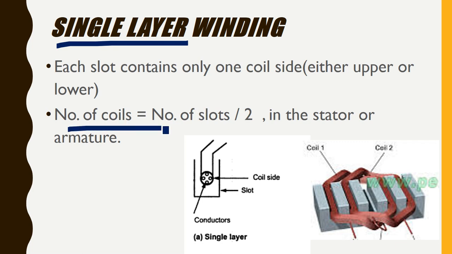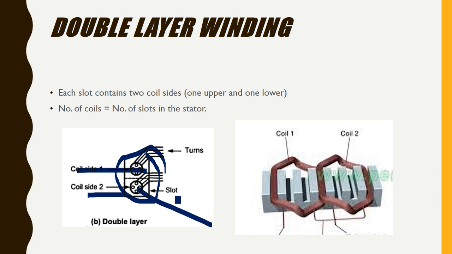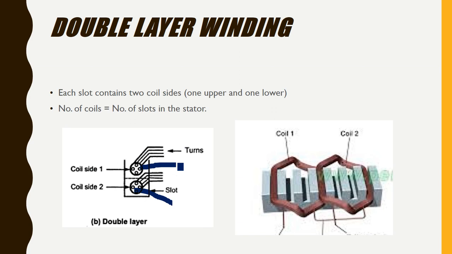If this is understood, double layer winding we can understand: in a single slot there will be two coil sides. So we can say this coil side is the lower part and this coil side is the upper part. So a single slot will be having two coil sides. Generally one is called lower and one is called upper. The lower placed item is the lower coil side and the upper placed item is the upper coil side.